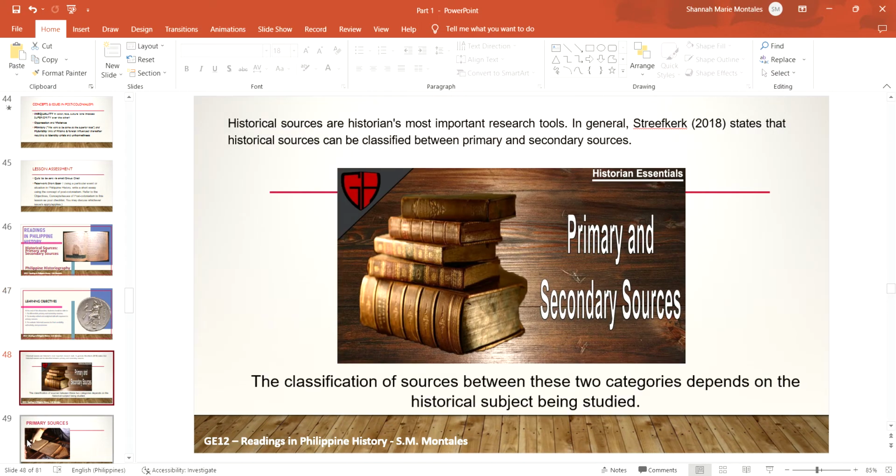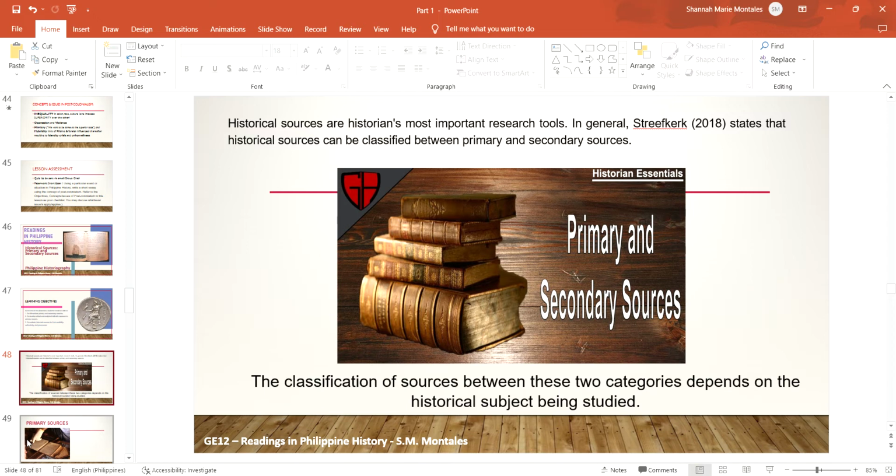Historical sources are historians' most important research tools. In general, Kirk 2018 states that historical sources can be classified between primary and secondary sources. Take note, class, that the classification of sources between these two categories depends on the historical subject being studied.